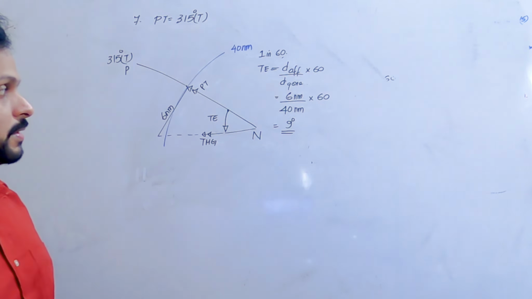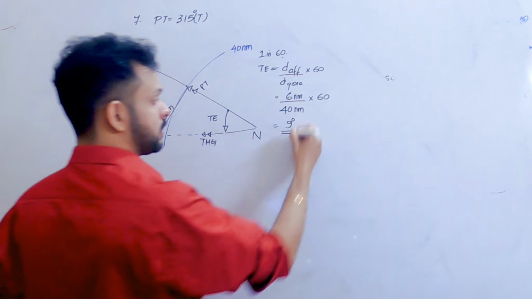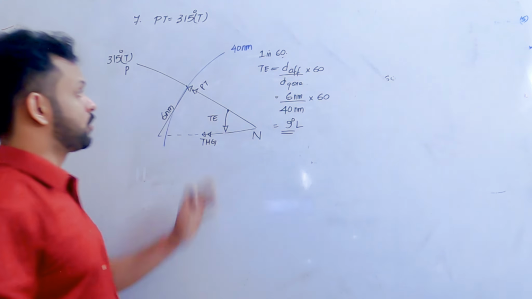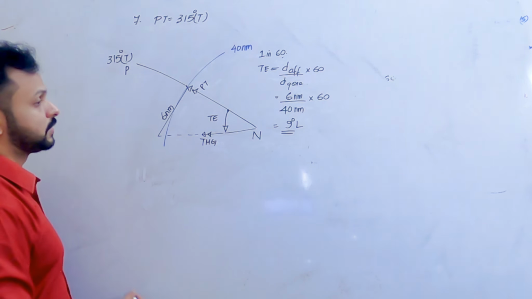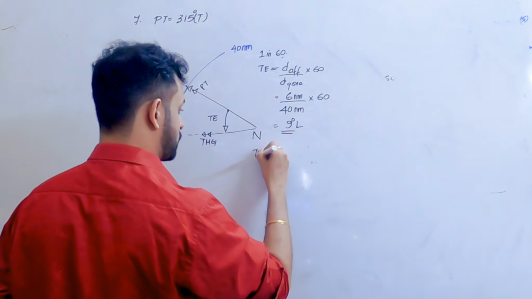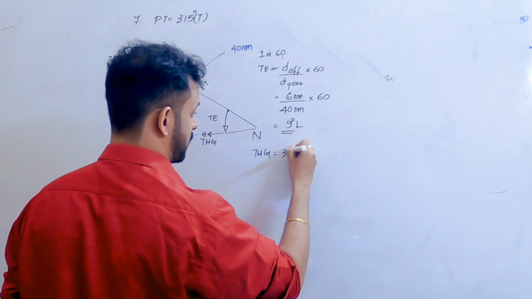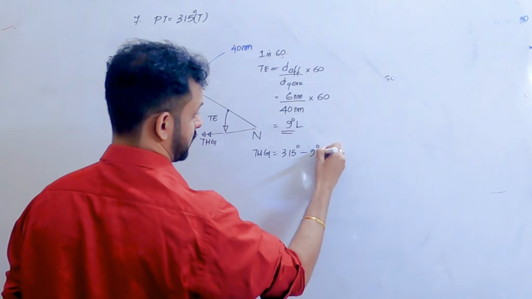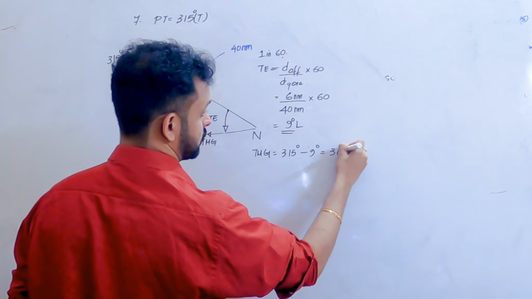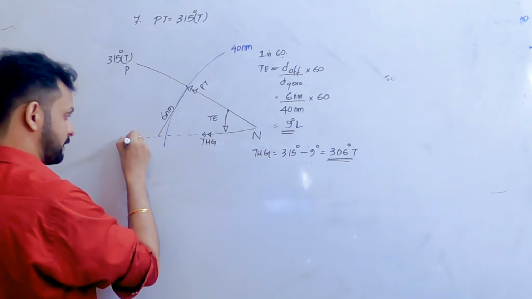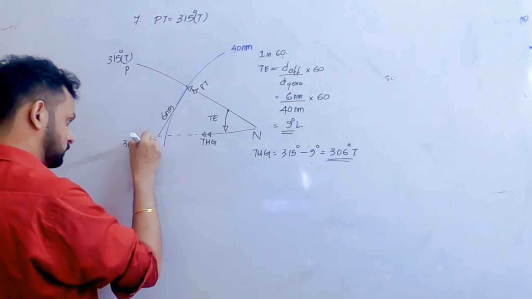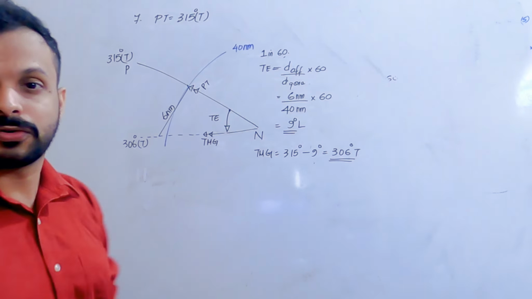And since your track made good is to the left of the planned track, it's 9 degrees left, and therefore your true track is actually going to reduce. So it's 315. What is the track made good? Track made good is equal to 315 degrees minus 9 degrees. That is 306 degrees true. So 306 degrees is your track made good.